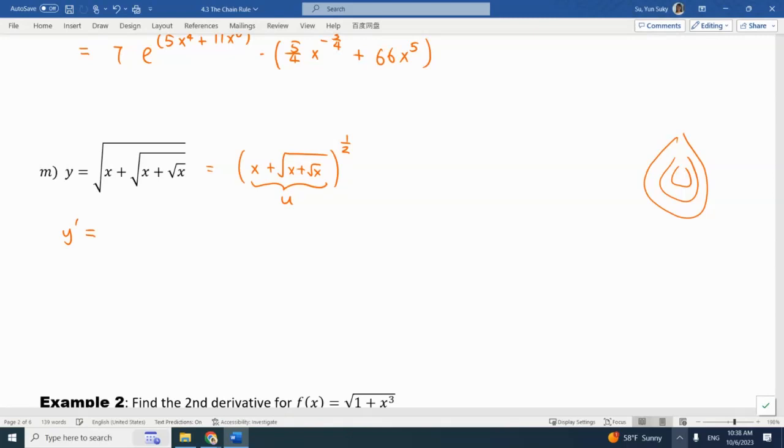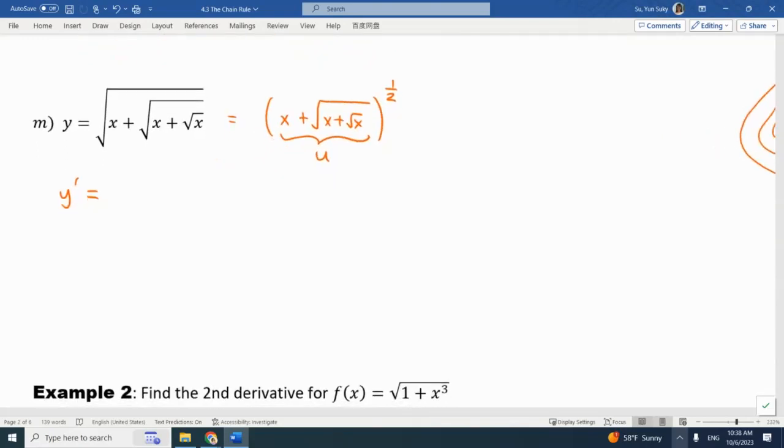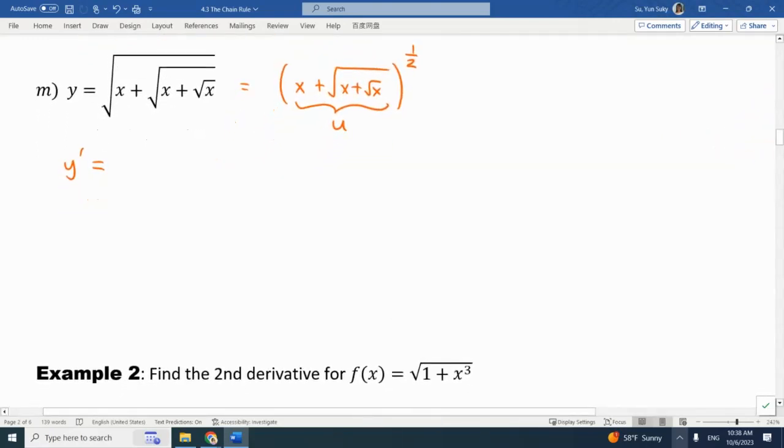Okay, y prime. Layla, what's the derivative of u to the 1/2? 1/2, and then u to the, you mean minus 1/2?